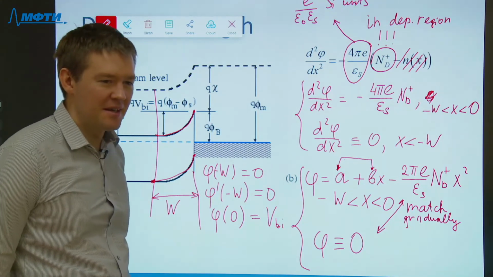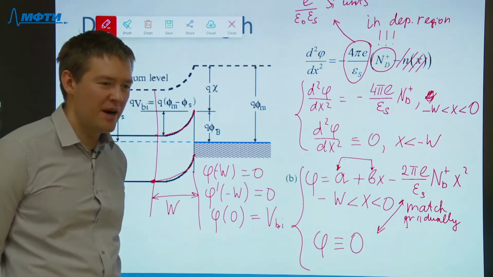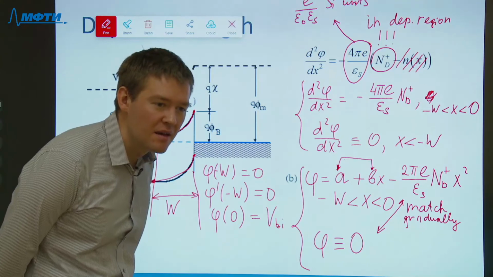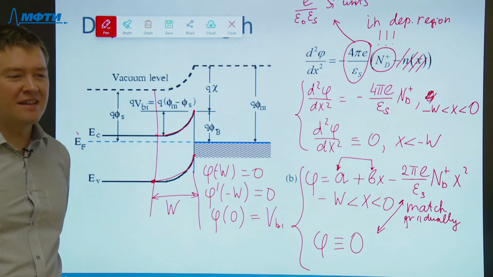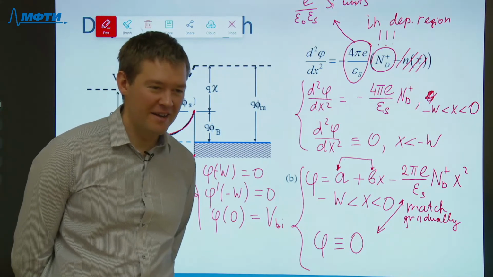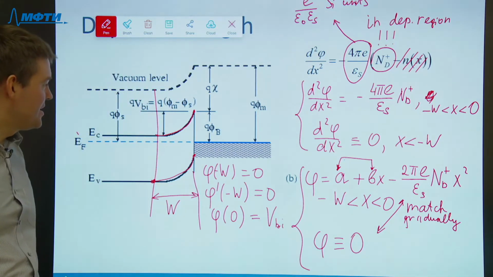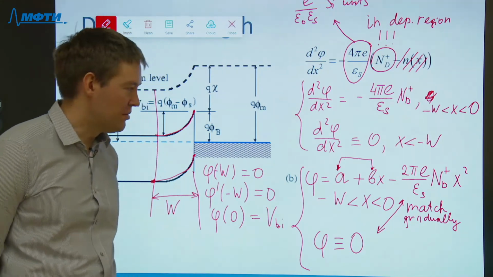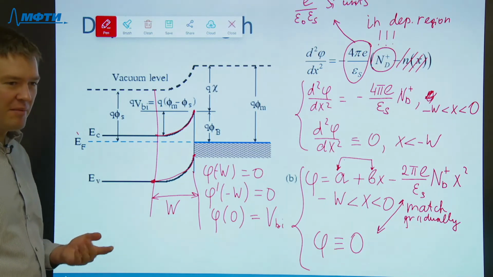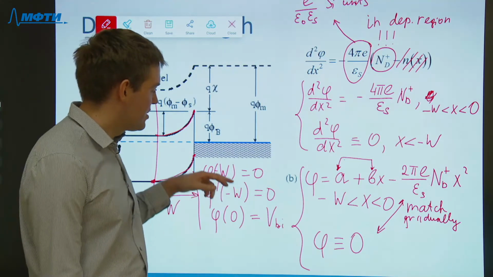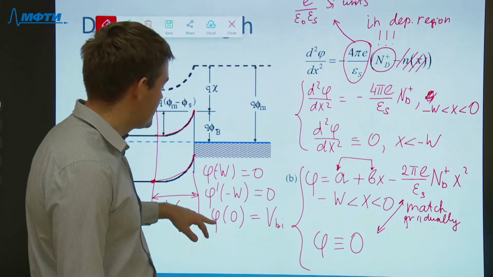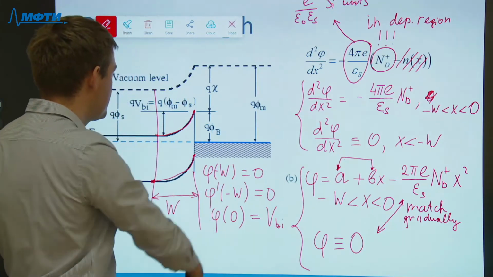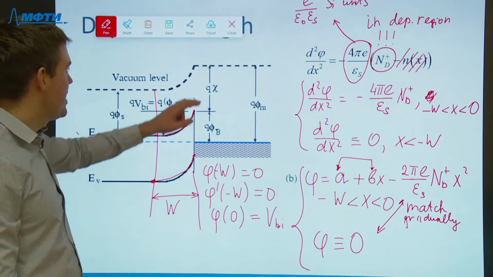Okay, this is actually quite a tricky question, but yes, the width as an additional unknown parameter. Yes, of course. You're right. The width of the depleted zone was introduced artificially to make this model, but it is yet unknown. And the width is the third parameter that we have introduced here. So when solving with these three boundary conditions, we get both A and B and the expression for W. I will not do this math here.